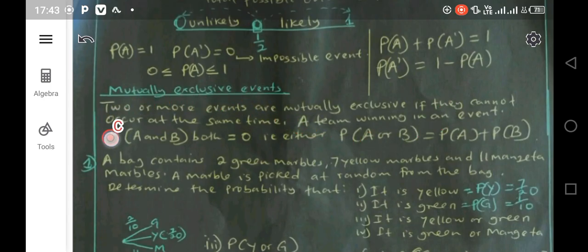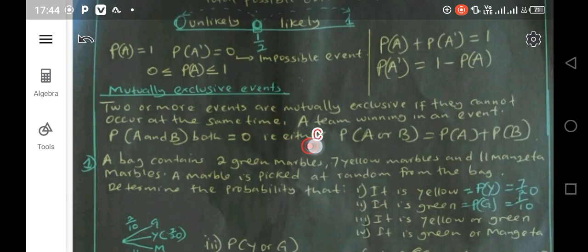Now we say, if we have the probability of A happening and the probability of B happening, if both happen at the same time, the probability is equal to 0. That means if the probability of something happening is A and the probability of something not happening is B, let's say 1 times 0 is equal to what? 0.